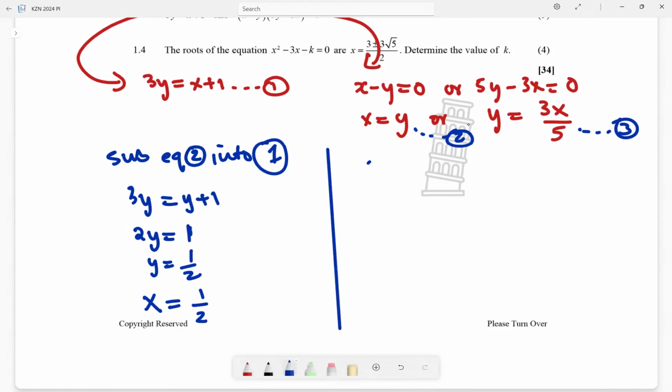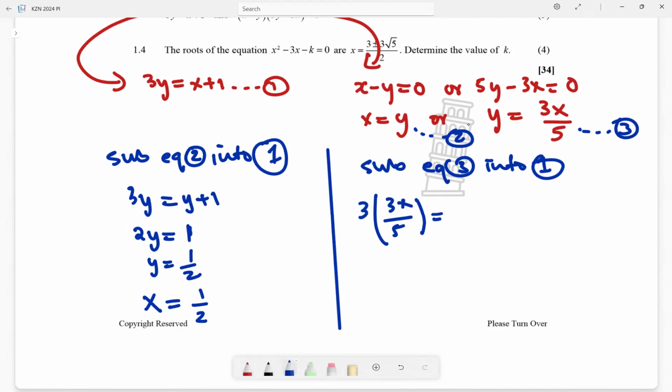Remember you have two equations, so you can sub equation 3 into equation 1. Can you see that? When I see y, I input 3x divided by 5, which is equal to x plus 1.